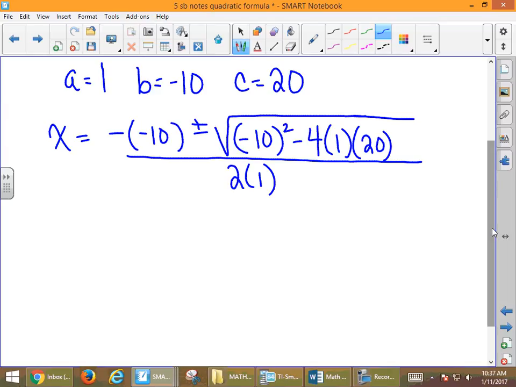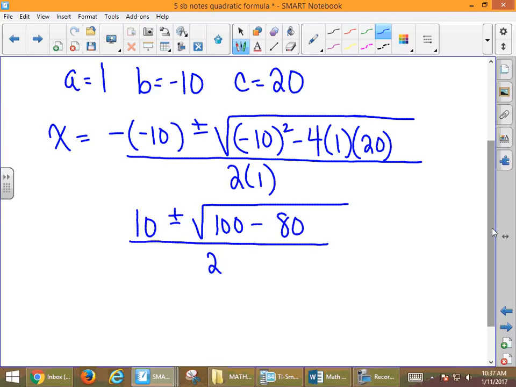The opposite of negative 10 is positive 10. If you do have to type in negative 10 squared in your calculator, make sure to have parentheses. Negative 10 squared is 100. 4 times 1 times 20 is 80. Divided by 2.